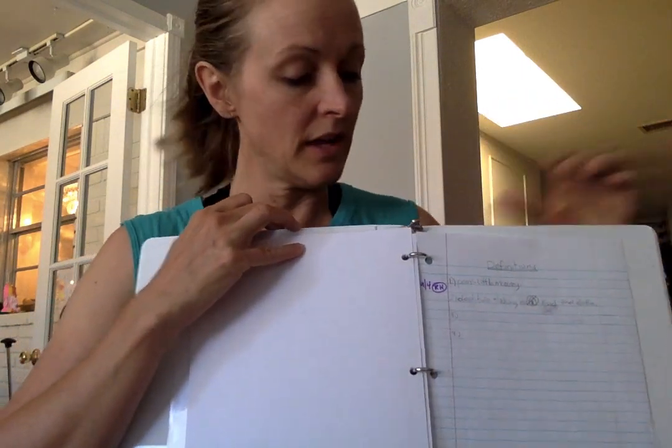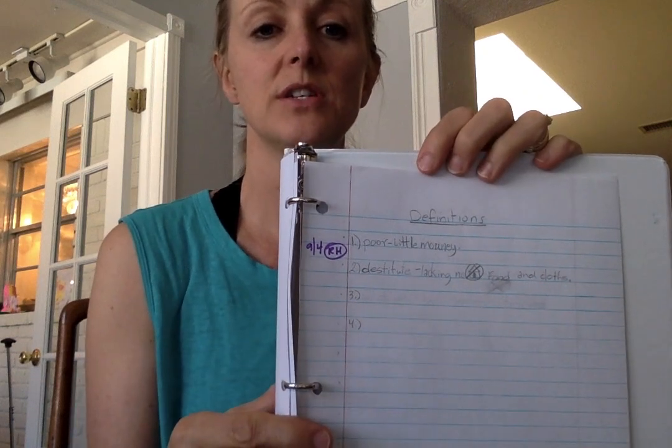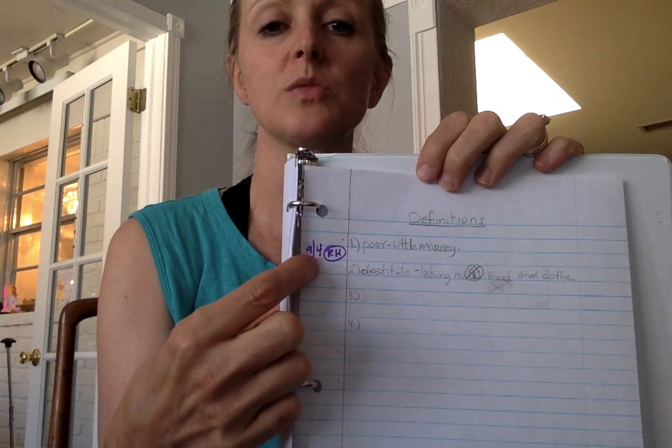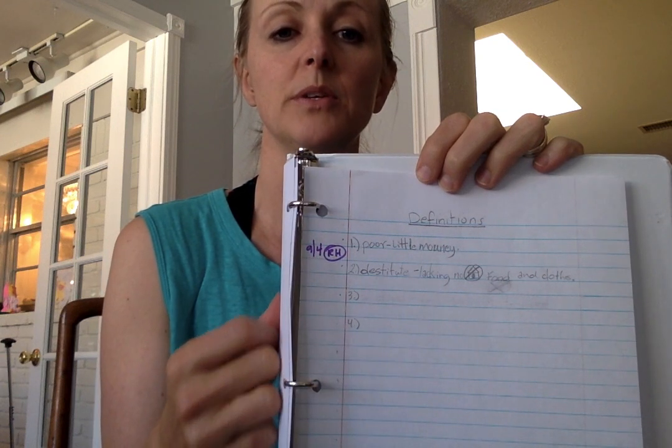There we go. And then you will have your child look up these words and find the definitions for them. And you can then write those definitions behind the definitions tab in your binder. And again, you'll just want to date and initial after your child has completed the work.